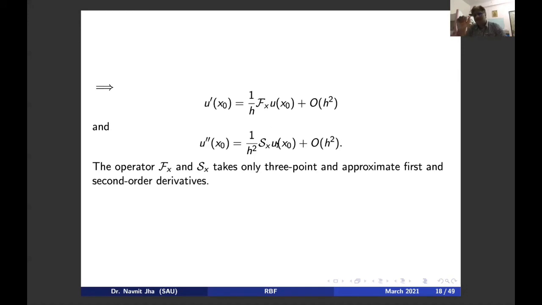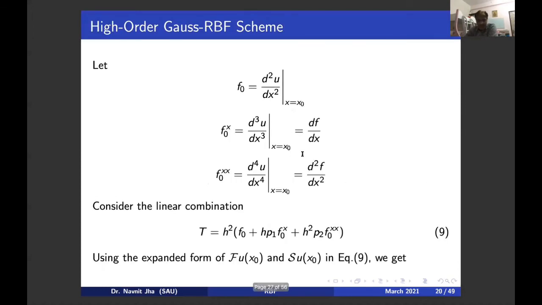These are the two relationships. I have expanded here up to h square only in both equations. You go sufficiently up to 6th or 7th order, and then go on solving for the first derivative and second derivative. Then you find both F of u and S of u in terms of the first derivative and second derivative.